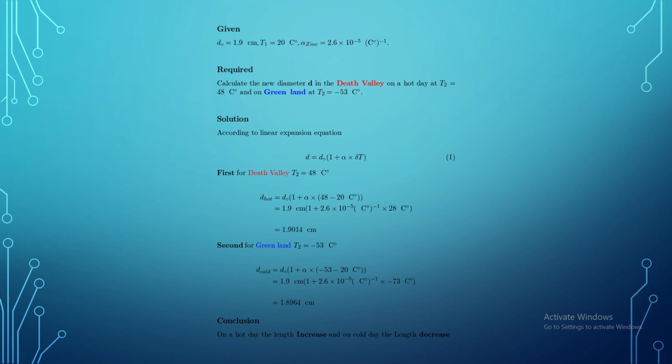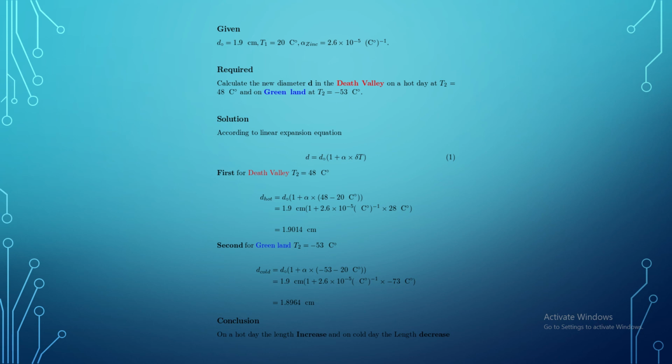Calculate the new diameter in Death Valley on a hot day, where temperature 2 is equal to 48 Celsius, and in Greenland, where temperature 2 is negative 53 degrees Celsius. Solution. According to linear expansion, d equals the initial diameter times (1 plus the constant times the change in temperature).